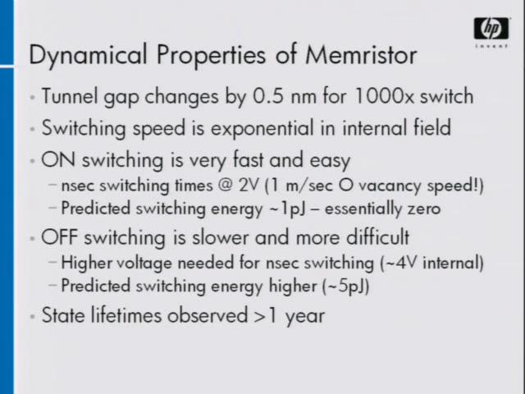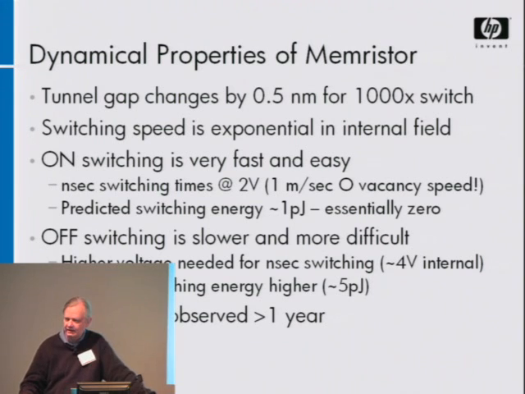And we can cause that half nanometer switching to take place in roughly a nanosecond if we apply a roughly few volt bias directly across the gap. Without any voltage, it can take a very long time for this thing to switch. So the switching speed is exponential. The on switching is very fast and easy.